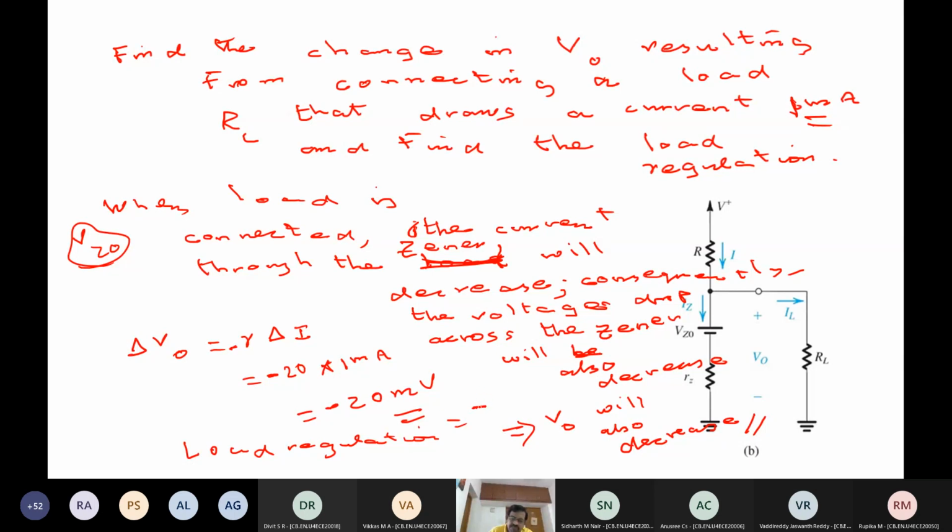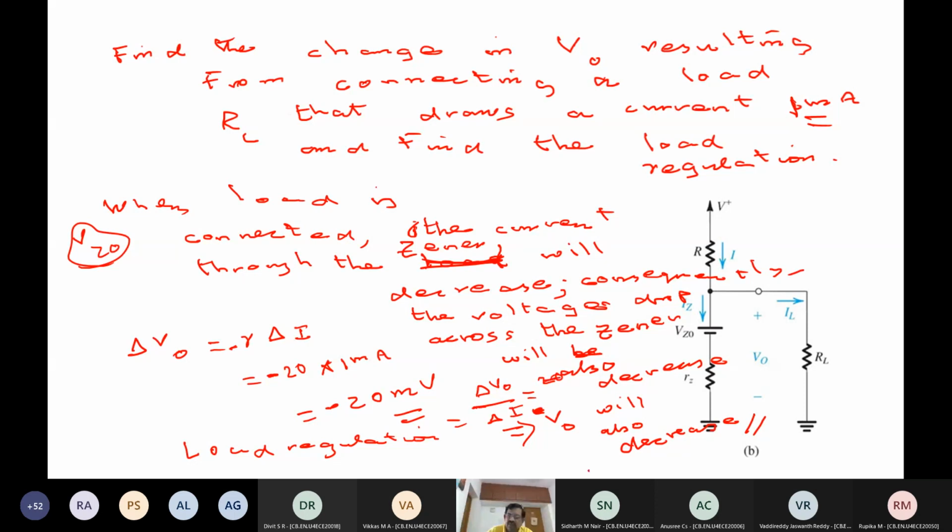So load regulation is simply delta V0 by delta I, the current that is changing in the Zener.